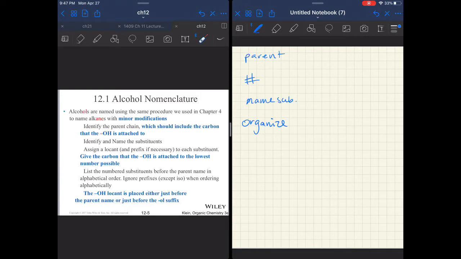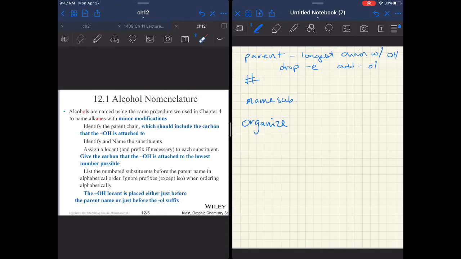So you want the longest chain that has the alcohol in it. So it may not be the longest chain overall, but the longest one with the alcohol in it. And then you're going to use that alkane nomenclature, but you're going to drop just the E and add OL.